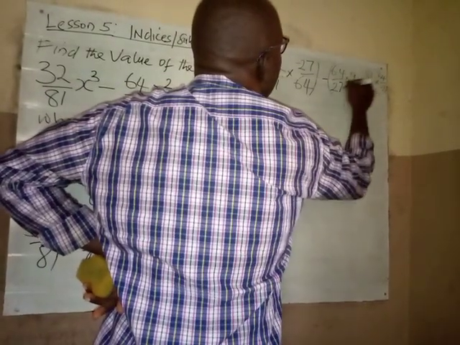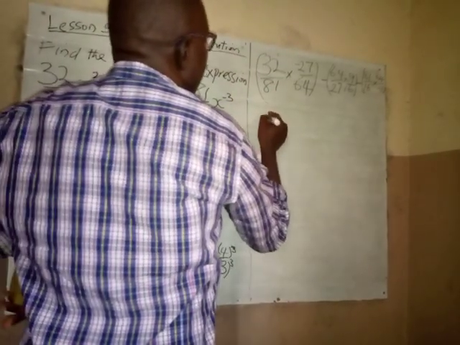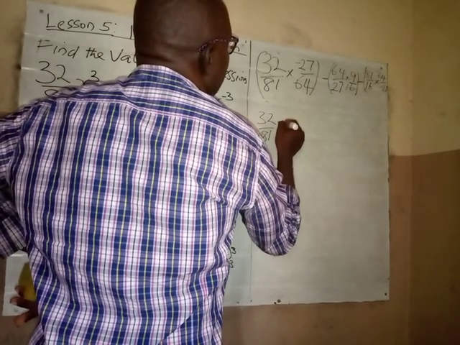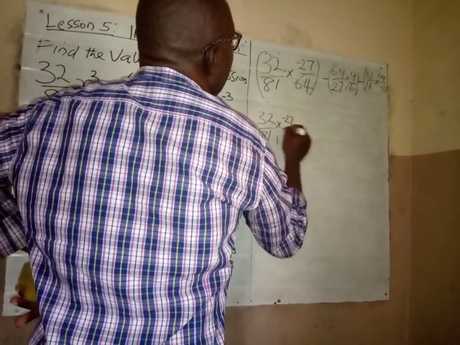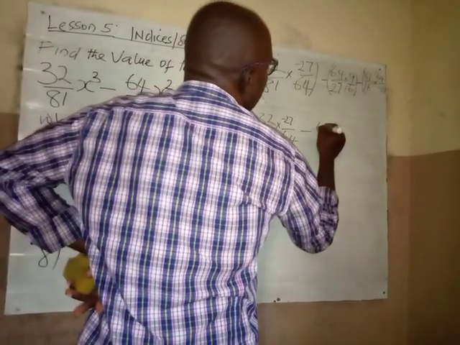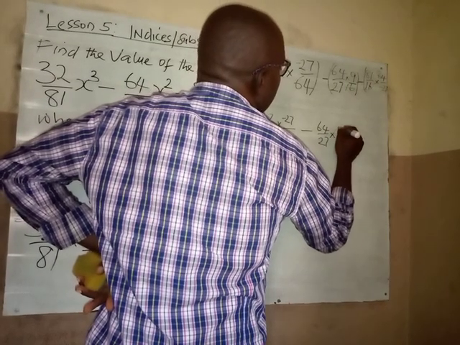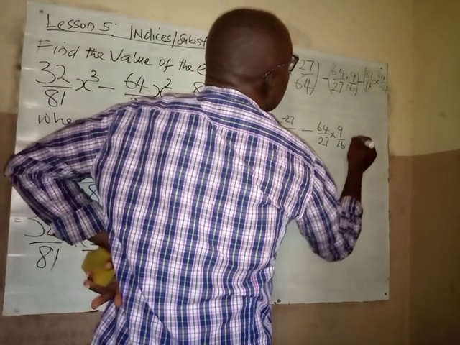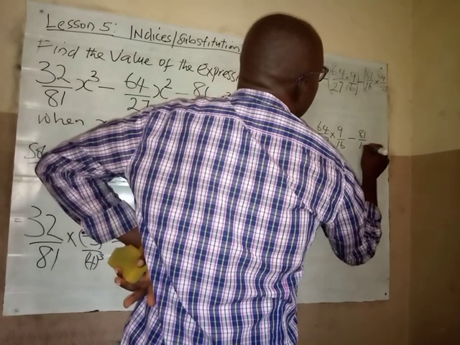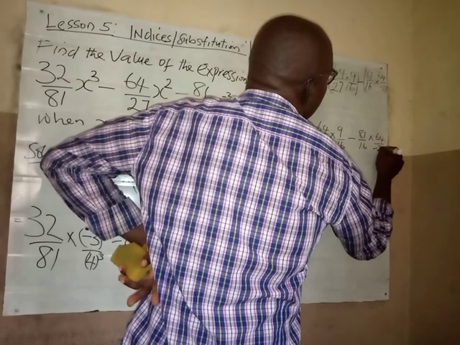You can actually solve it like this. So what we now have is 32 over 81 times minus 27 over 64, minus 64 over 27 times 9 over 16, minus 81 over 16 times 64 over minus 27.